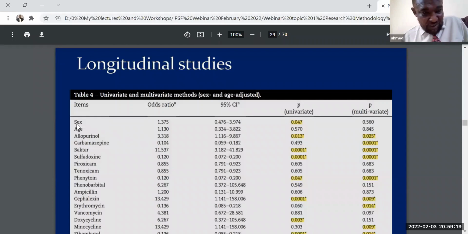For example, when we say sex, odds ratio 1.37, that means for a certain sex group the risk is higher by 37%. For example, allopurinol compared to non-allopurinol, that means allopurinol compared to other medication, the risk is high, 3.3.